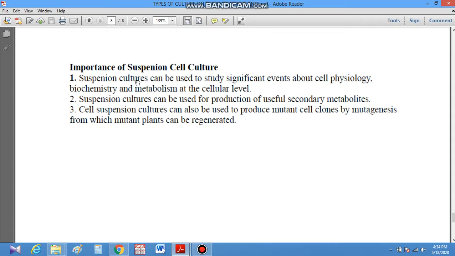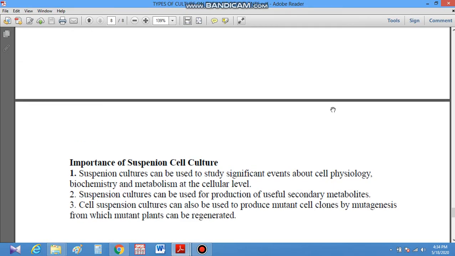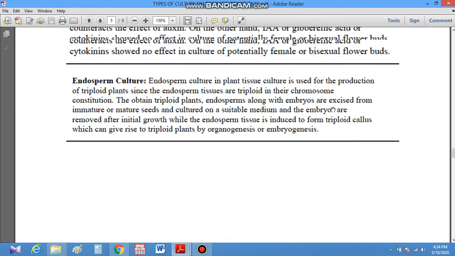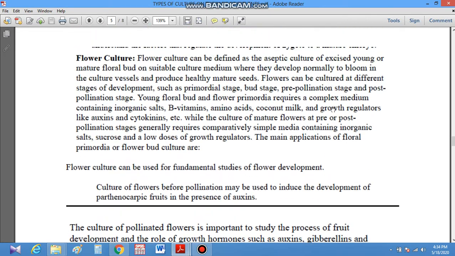Suspension culture can be used to study significant events in cell physiology. It is useful in the production of secondary metabolites and also helpful in producing mutant cell clones by mutagenesis, from which mutant plants can be regenerated. In this way, we have discussed different types of culture based on explants. Thank you.